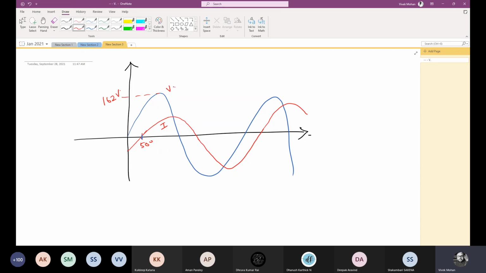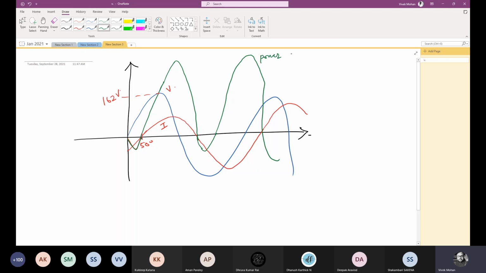Now I am going to draw my power waveform. When I am drawing my power waveform, change the color. I'm getting it like this. This is my power waveform.